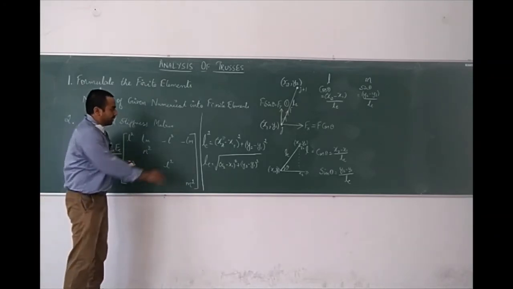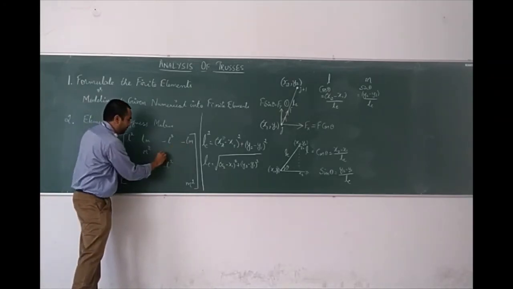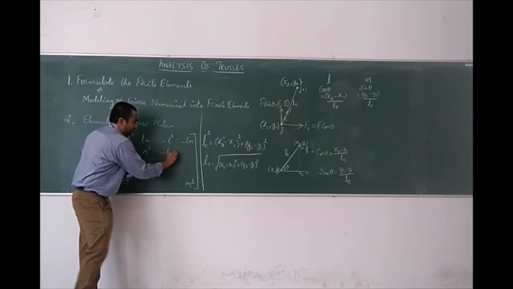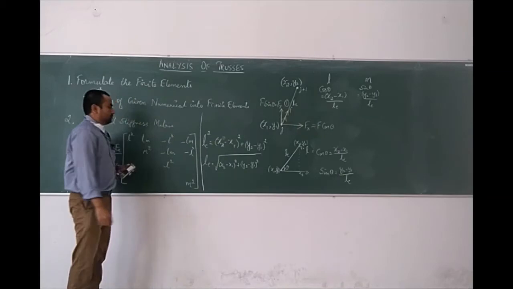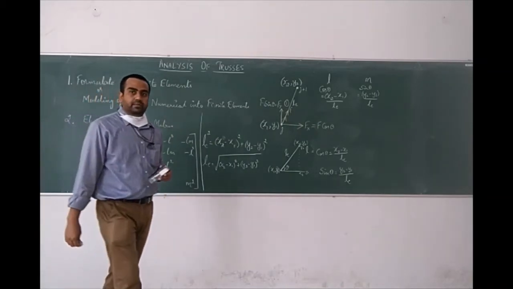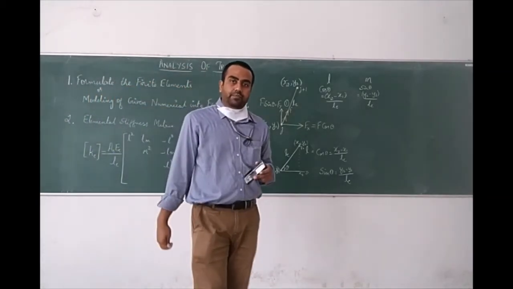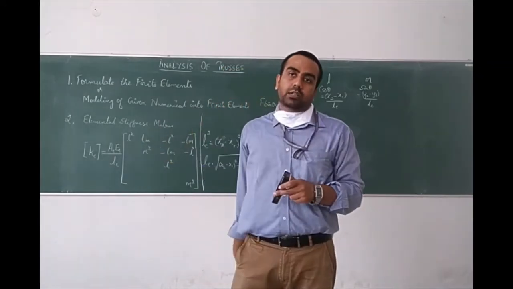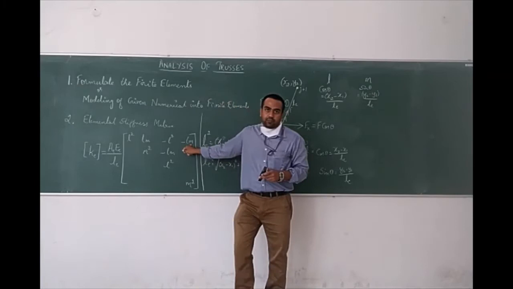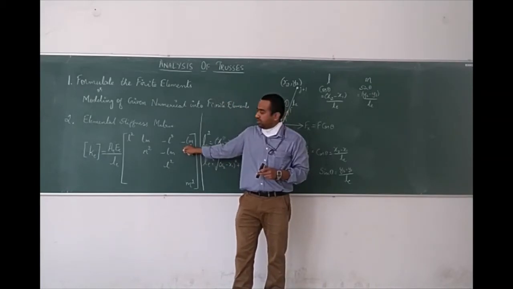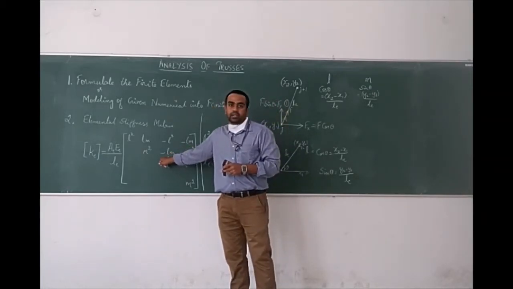Next, minus ln is here, minus ln, minus L square. This is its third method, so the second row is to be completed. Whatever minus ln was present as the fourth element in the first row, we have substituted as the third element in the second row.